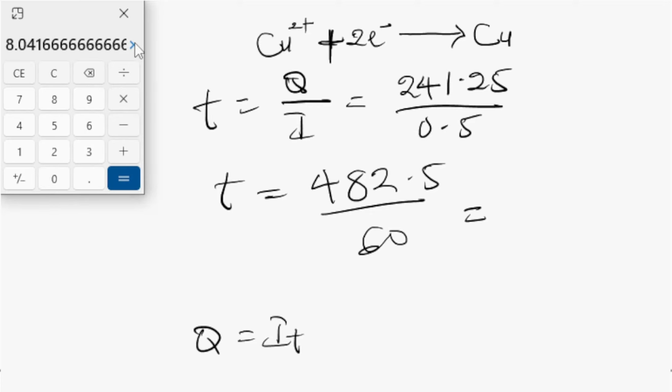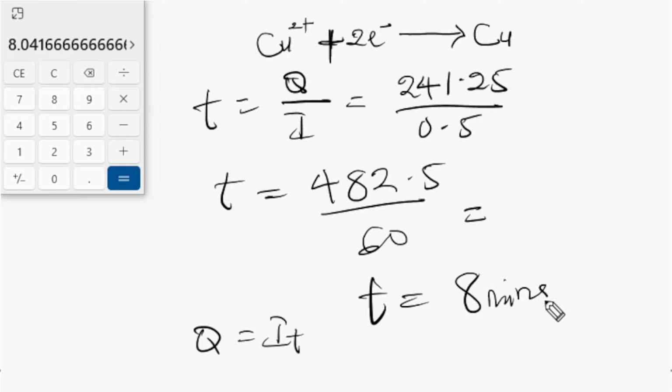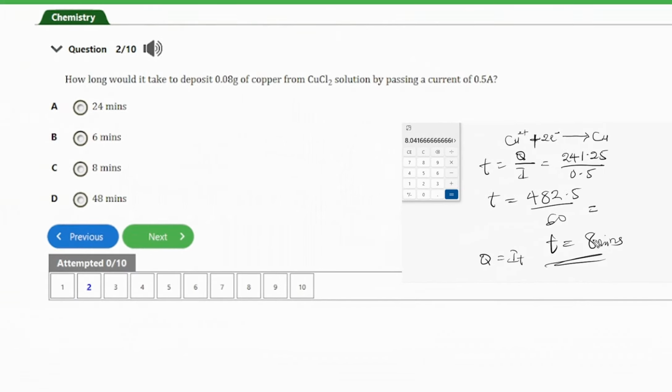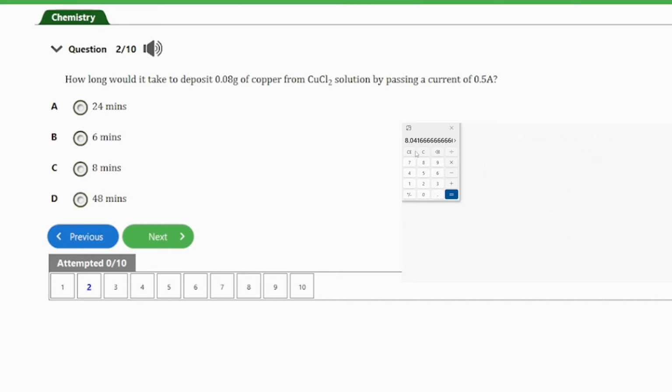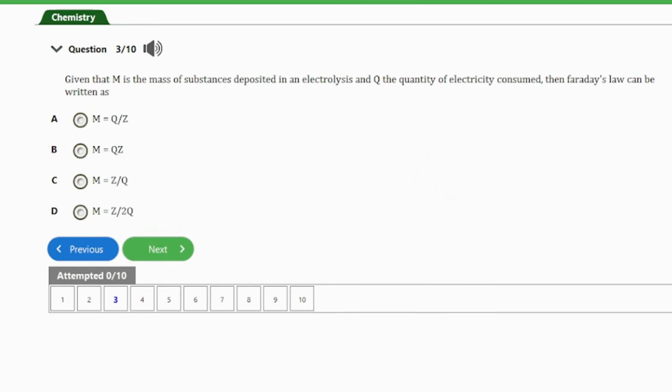So when we do this, we are going to have 8.04. So that's approximately 8 minutes here. So t becomes 8 minutes, and that's the answer to this question, guys. So that's option C here, 8 minutes. So we'll go ahead and wipe this, and then we'll consider the next question, guys.